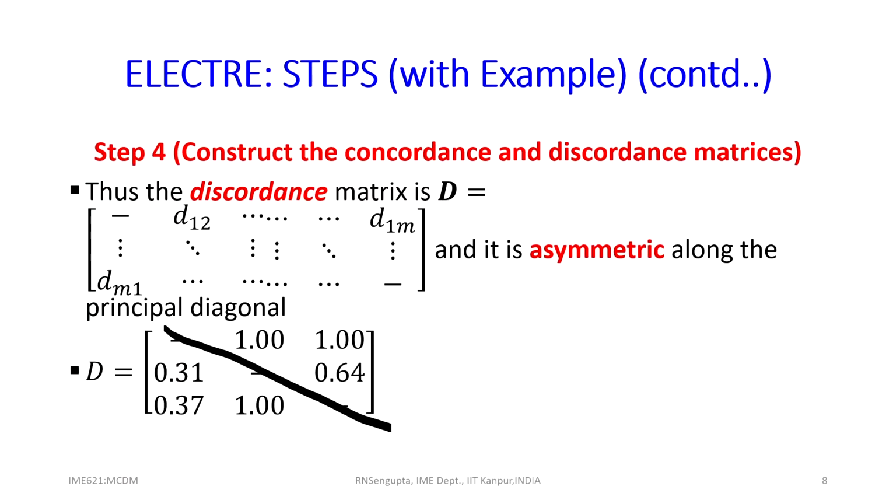Here, if we add up the values, they are the levels of discomfort and have nothing to do with the weights. The weights were used for the concordance set. Here 1 plus 0.31 would not add up to 1, 1 plus 0.37 would not add up to 1, 1 plus 0.64 would not add up to 1. So, this is asymmetric along the principal diagonal, as already mentioned.